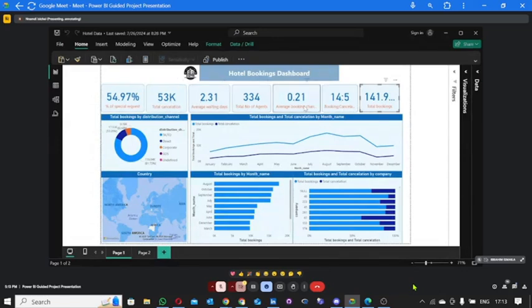So one shouldn't be far from the other. Even the size of the cards should be almost equal. Like this one has larger figures, so it tends to be a little wider than this one, but the difference shouldn't be so obvious. These are some of the tips I wanted to give us.